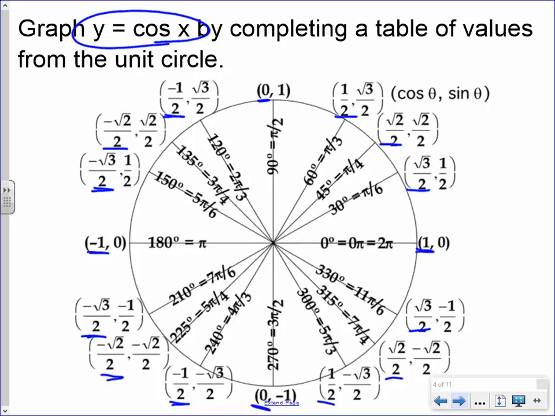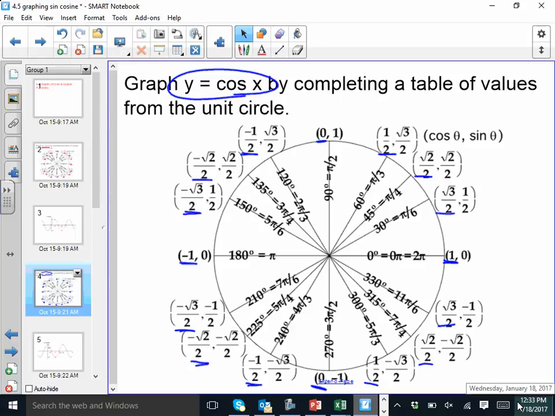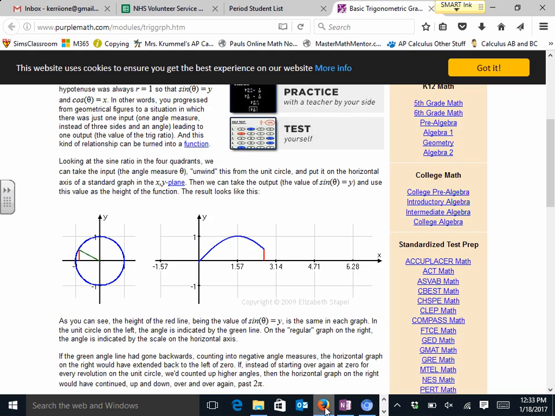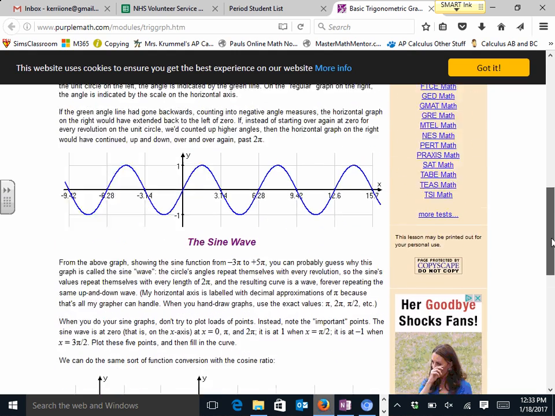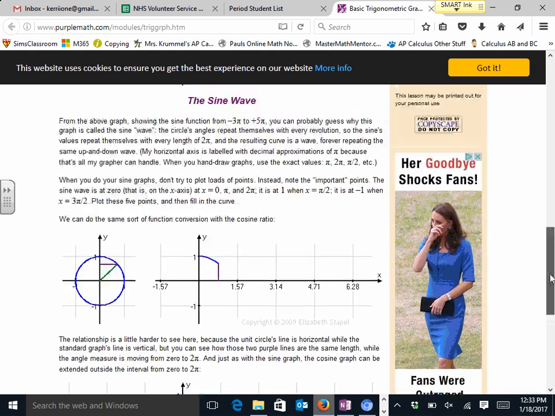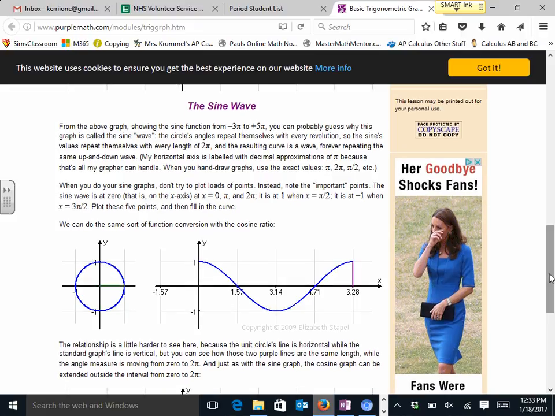Okay, let's look at what that looks like on our animation here. So if I scroll down. Okay, here is our cosine curve. As we go along the unit circle, here we start at 0, cosine's 1, at pi over 2, cosine 0, at pi, cosine is -1, at 3 pi over 2, cosine is 0, and at 2 pi, we're back to 1.